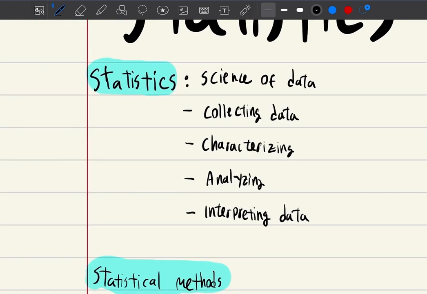So, statistics is a science of data that involves collecting data, characterizing, analyzing, and interpreting data.